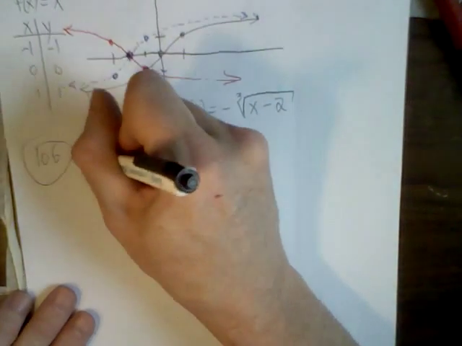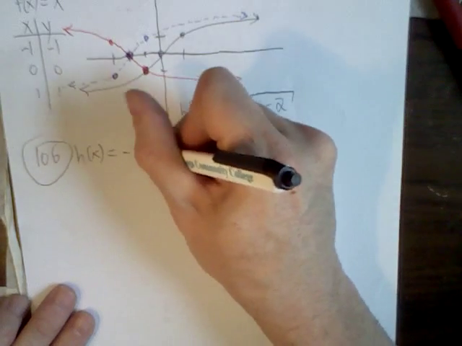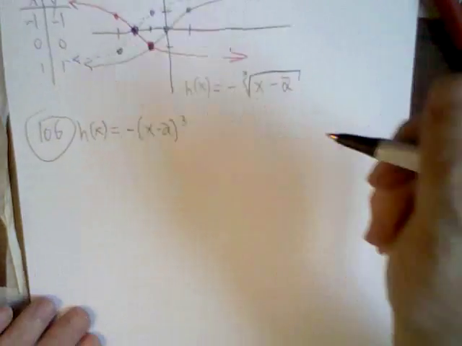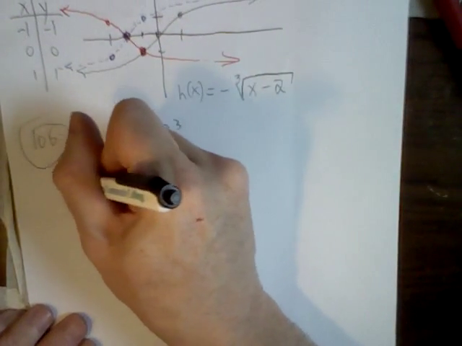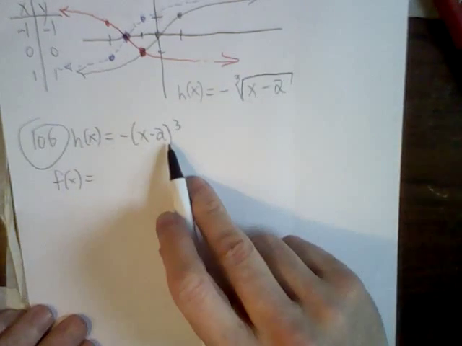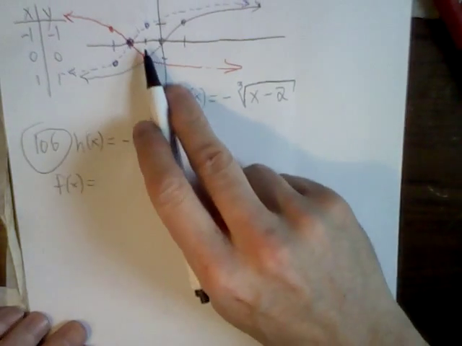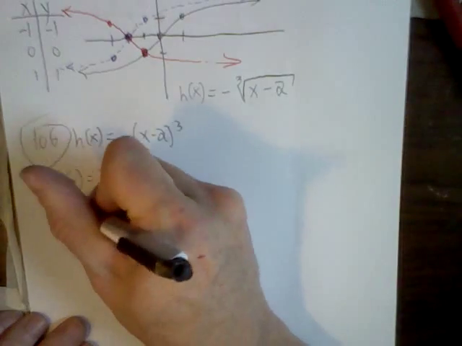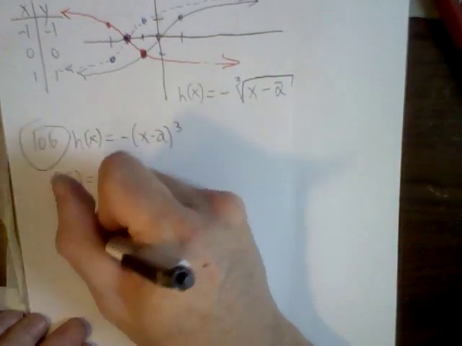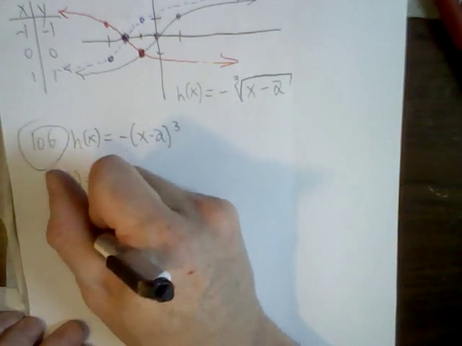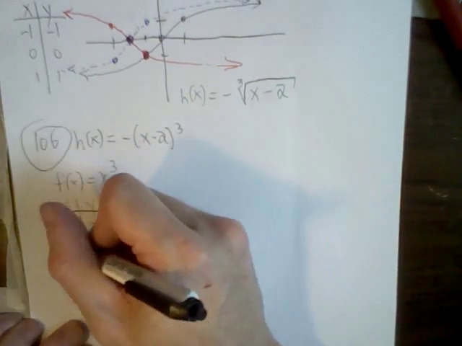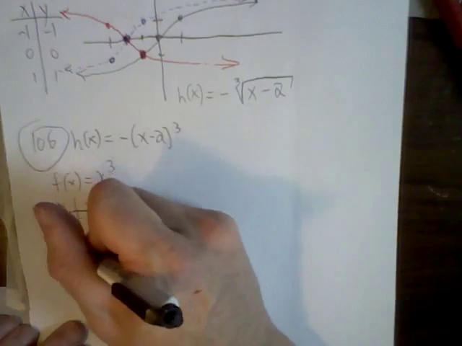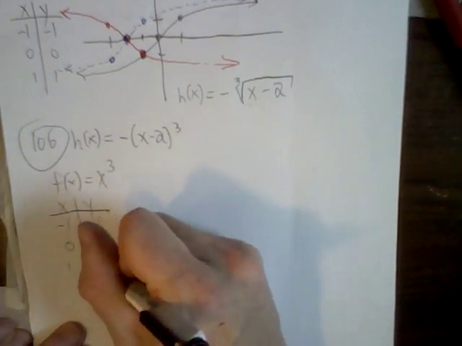106, h of x equals negative x minus 2 cubed. Okay, so again, it just so happens the cube root function and the cube function have the same points. If you were to do your t-table, it would be negative 1, negative 1, since negative 1 cubed is negative 1 and the cube root of negative 1 is negative 1, then 0, 0, and 1, 1.